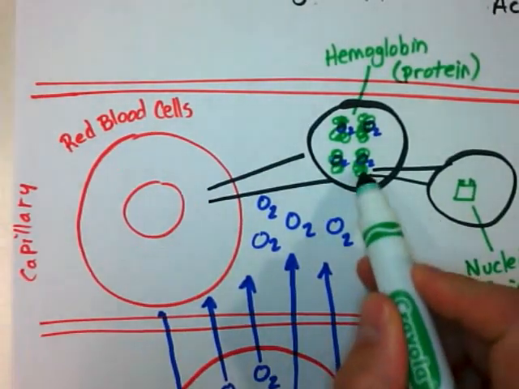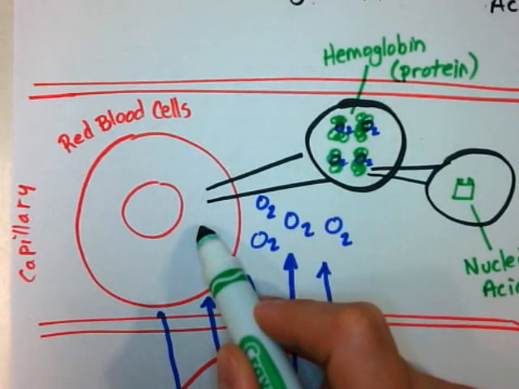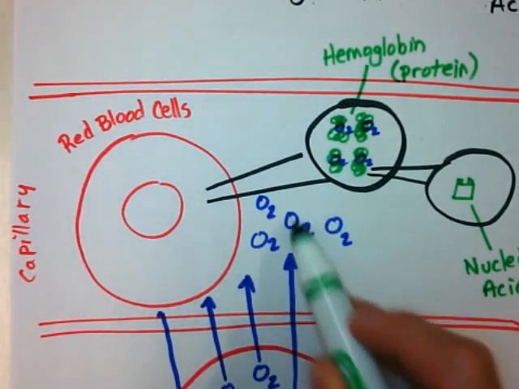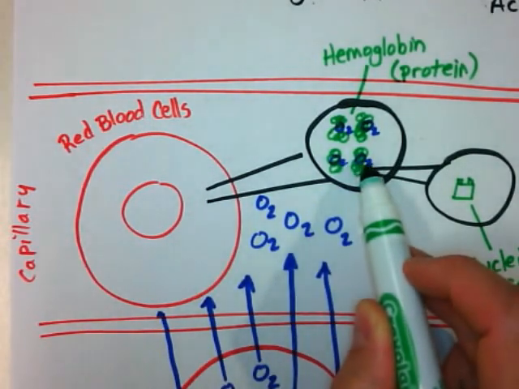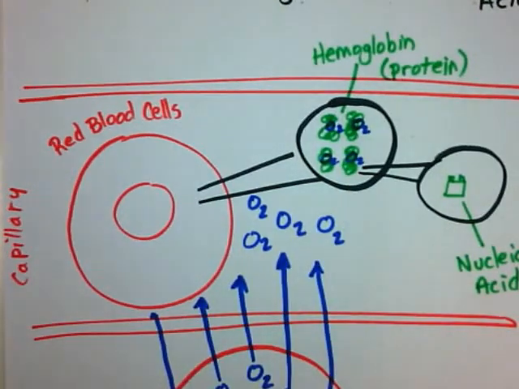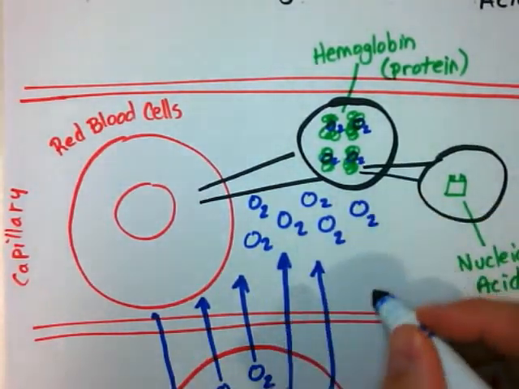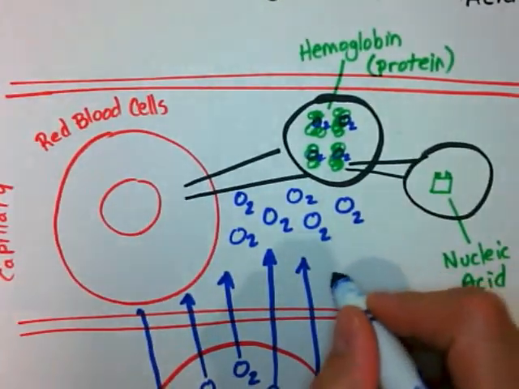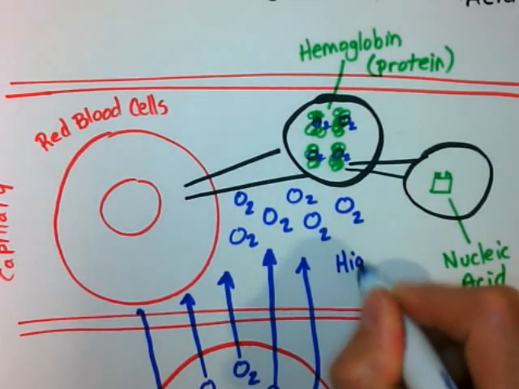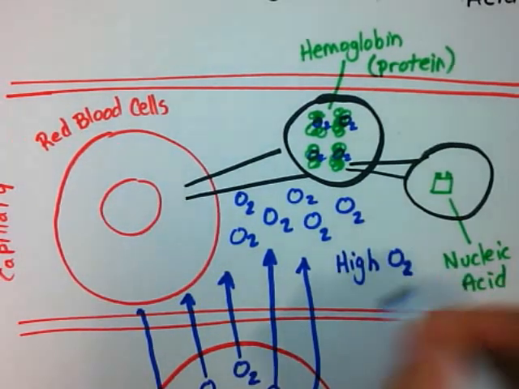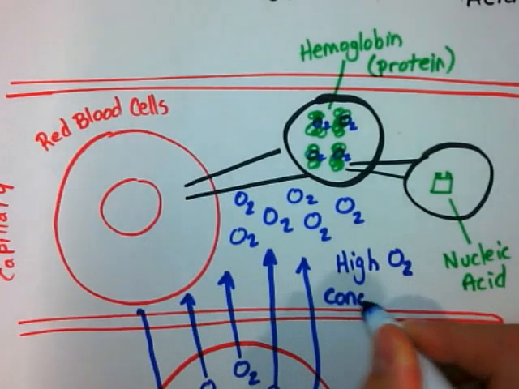So, going back to the hemoglobin that's inside the red blood cells, we have all this oxygen going into the hemoglobin. In order for that hemoglobin to take in oxygen, there has to be a lot of oxygen surrounding it. This right here, that means it needs to have high oxygen concentration.